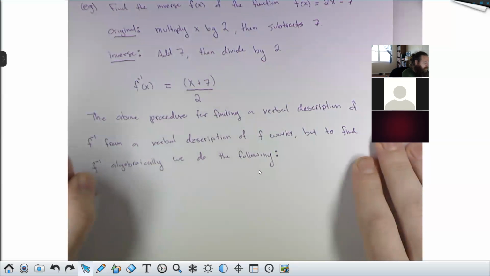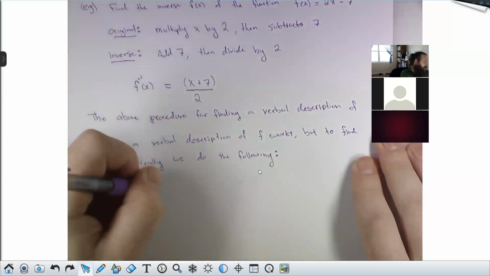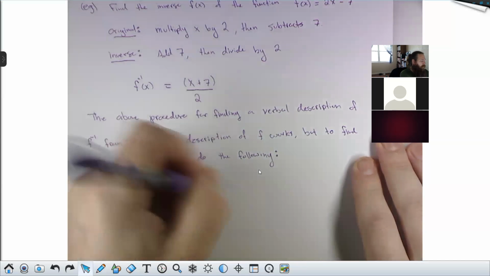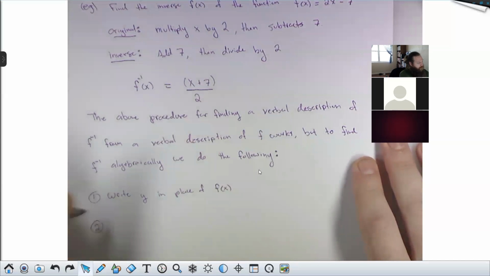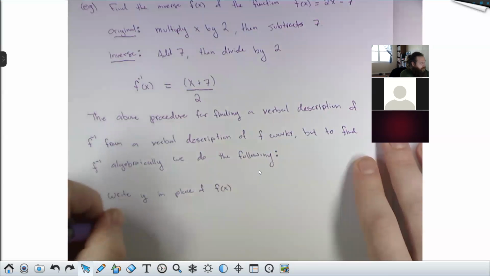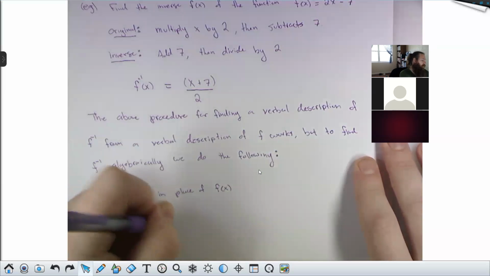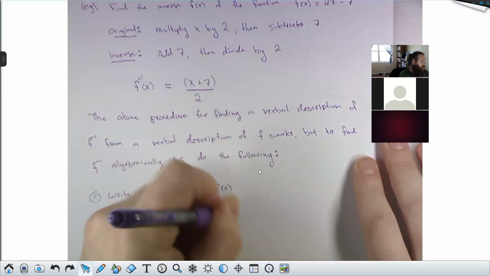First, you write y in place of f of x. Two, you solve for x in terms of y.